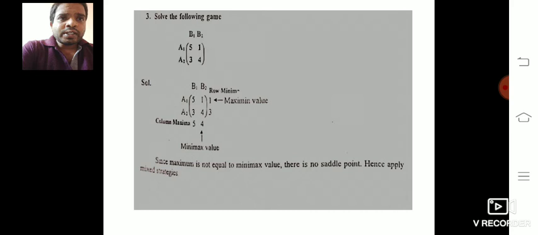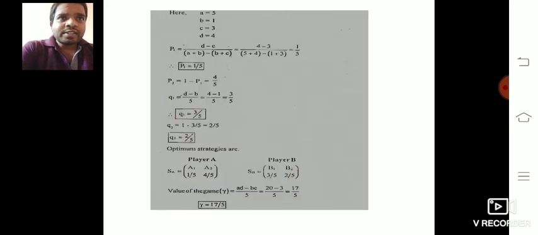Now here the maximin value is not equal to the minimax value. 1 and 4 are not equal, so the saddle point does not exist. A equals 5, B equals 1, C equals 3, D equals 4. Apply the probability formula for P1. Now we are getting 1 by 5, and P2 equals 4 by 5. Q1 equals 3 by 5, and Q2 equals 2 by 5.